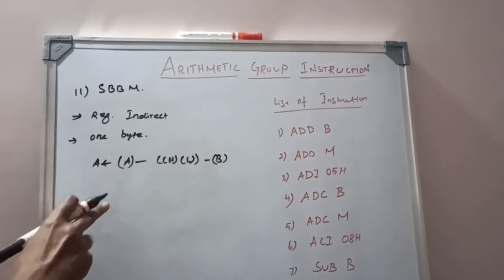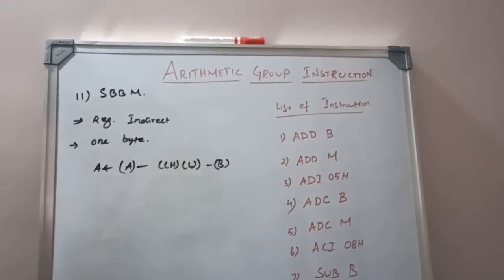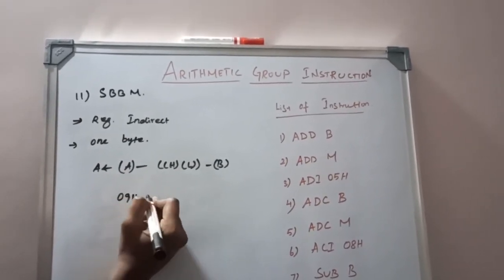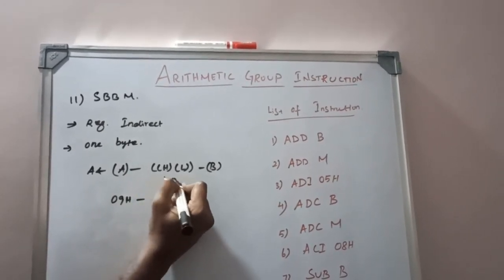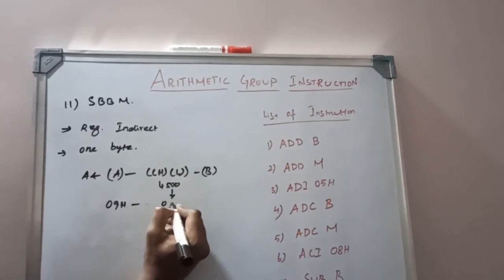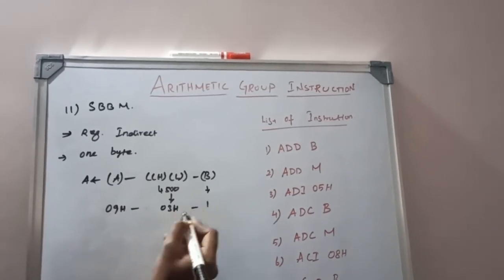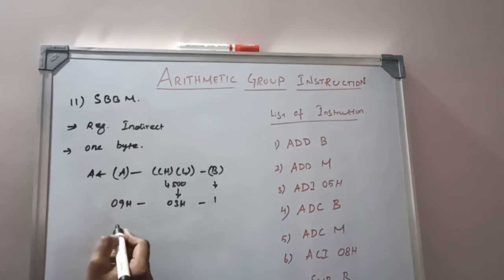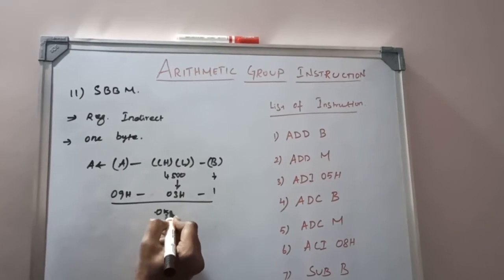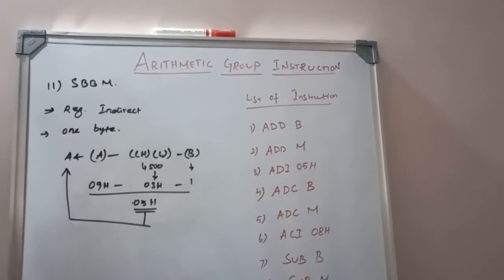We subtract three values: the accumulator content, the memory content, then the borrow. The accumulator holds 09H. The HL pair points to a memory location which has some 8-bit data, 03H. I consider the borrow value also as 1. Subtracting the three contents, 09 minus 03 minus 1, finally you get 05H, and this value is loaded to the accumulator.